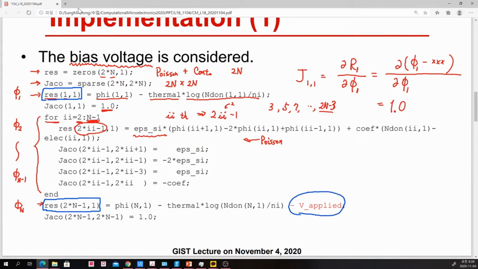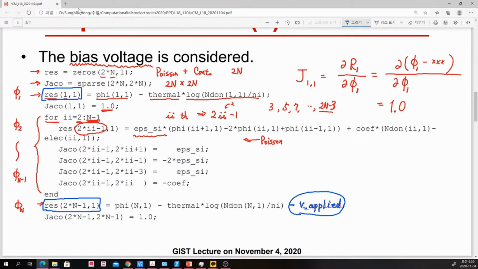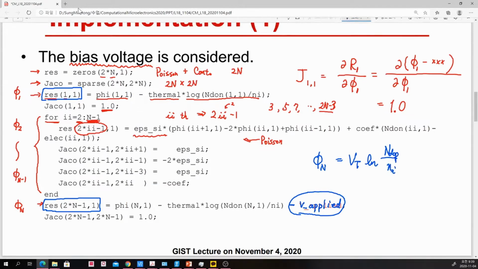So this one, minus V applied, simply means that now your phi n equals Vt log of your doping density divided by Ni, plus the applied voltage. So this one really imposes a non-equilibrium condition on your system.